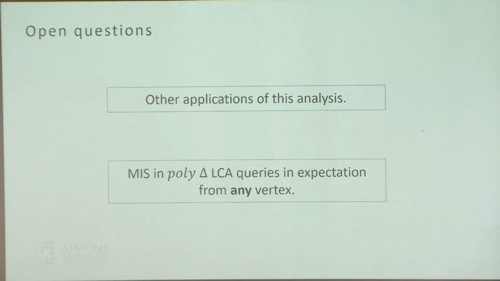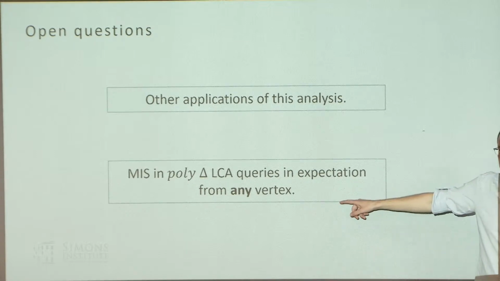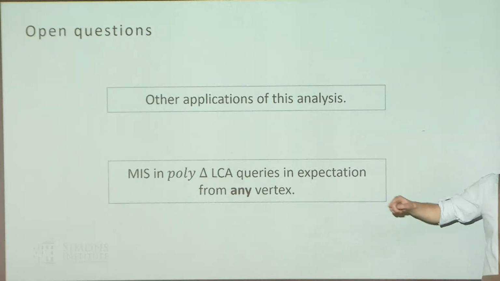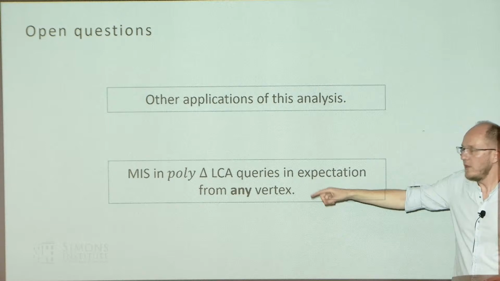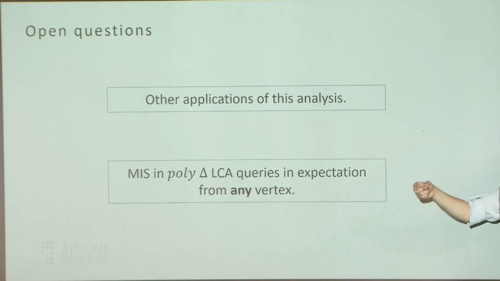Some open questions. I really would like to see more applications of this. Again, I hope it gives a different view. And from my understanding, one really nice question, and correct me please if I'm wrong on this, is that it's not known how to get an LCA for MIS which runs in poly-delta LCA queries in expectation, but for any vertex.